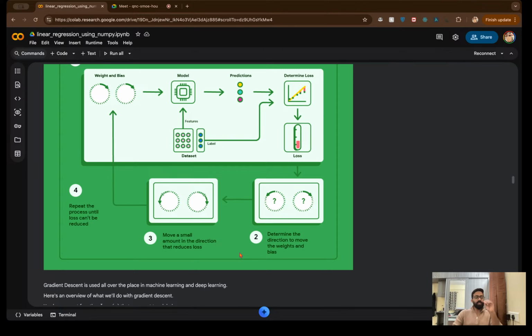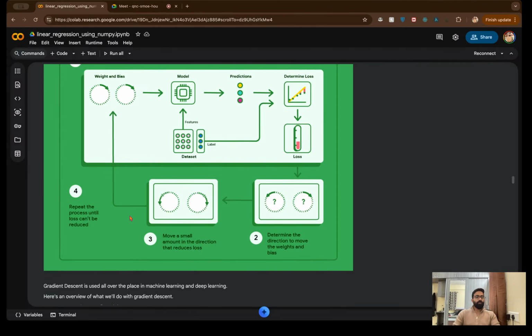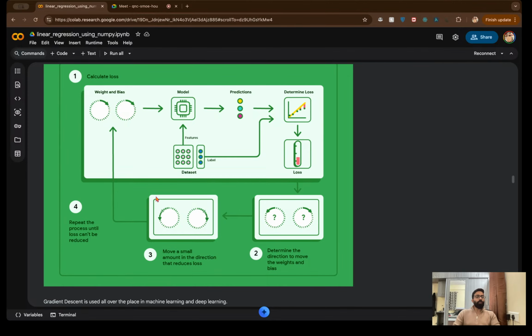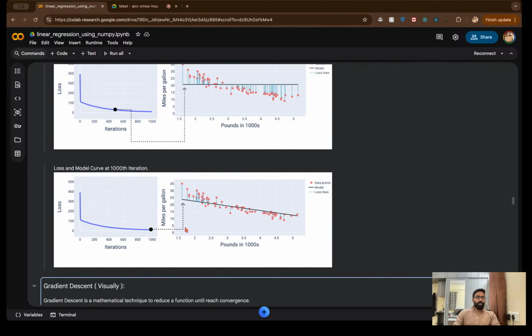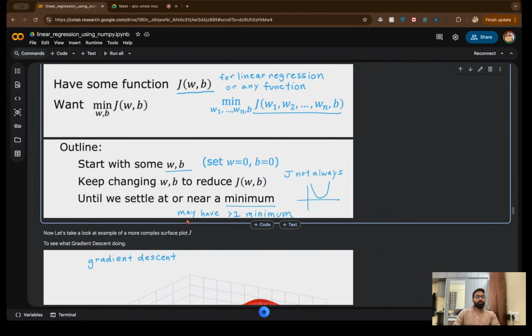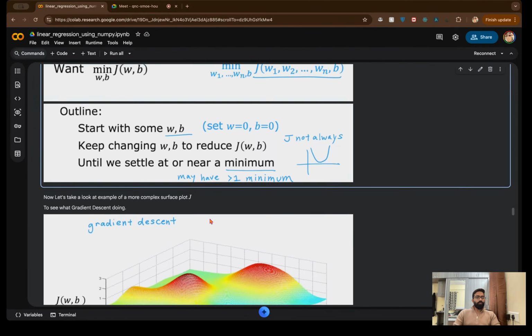It will take a small step in step 3. It will update the values of W and B with those small steps, until it reaches the minimum.